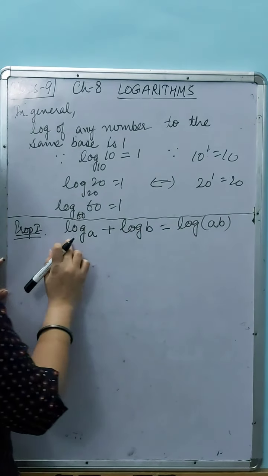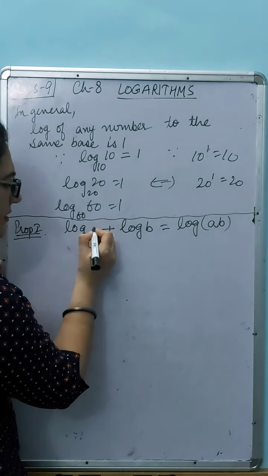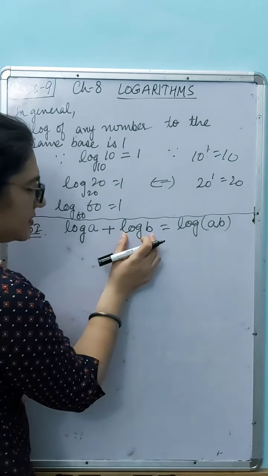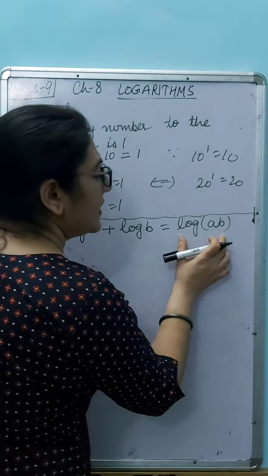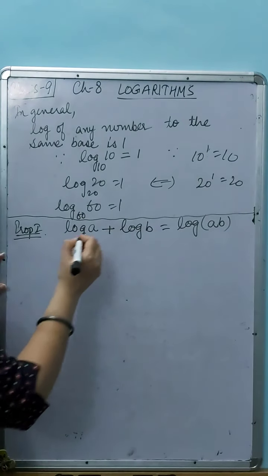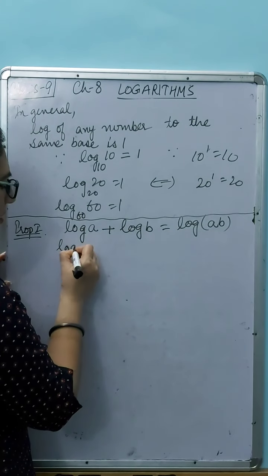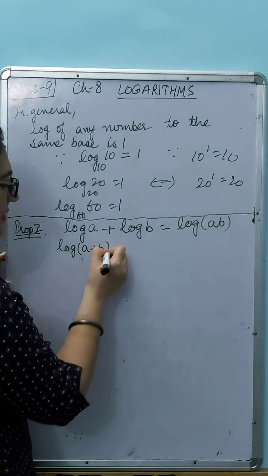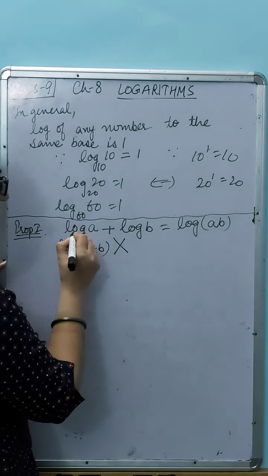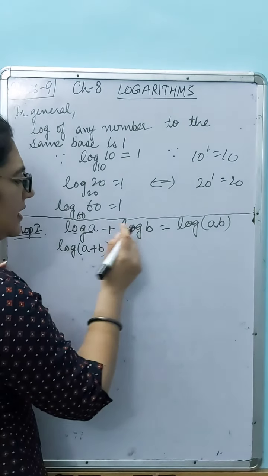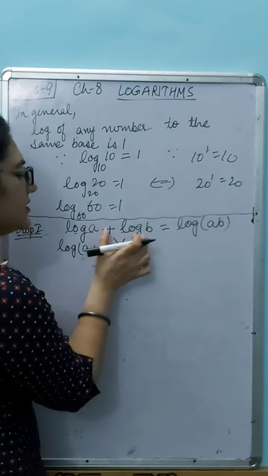Log of A is one term and log of B is another term. When two logs are added, they become log AB. This is the formula. You should not write log common and A plus B inside. This is completely wrong. You will always write log A plus log B and the answer will be the product of these two numbers only.